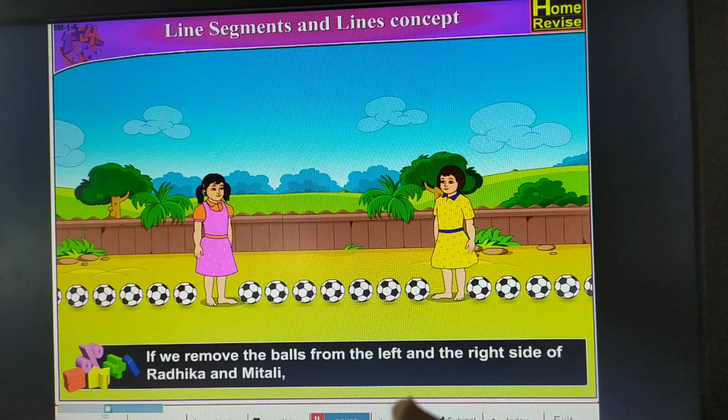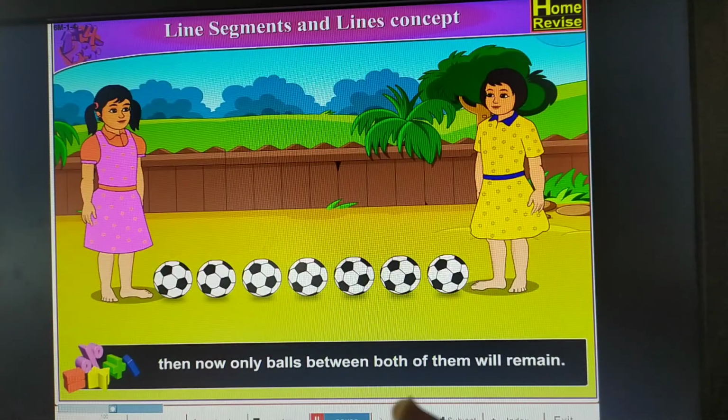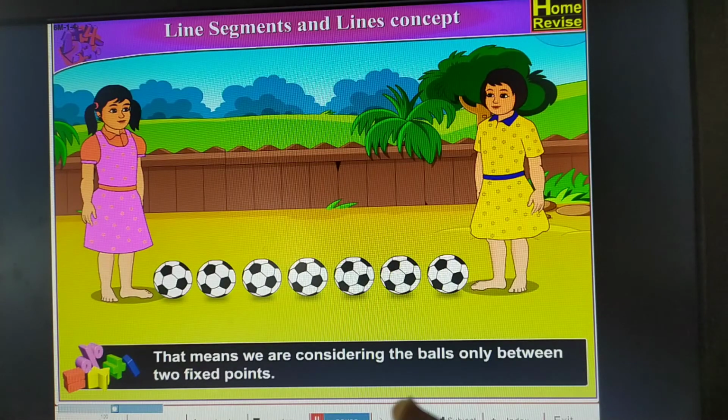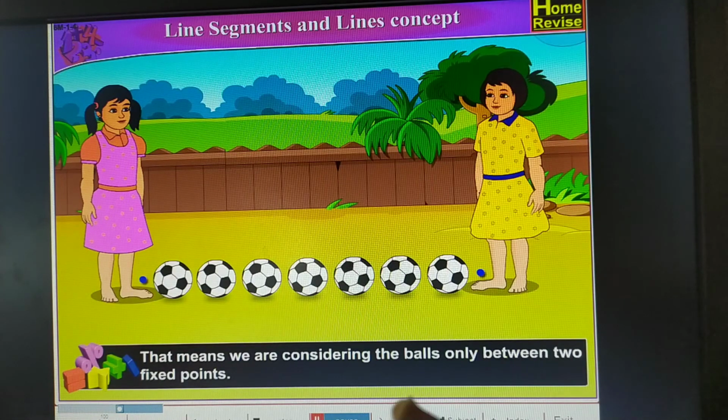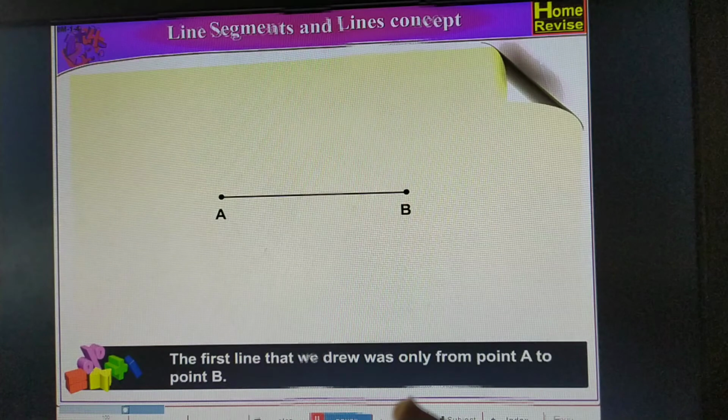If we remove the balls from the left and right side of Radhika and Mitali, then now only the balls between both of them we will consider. That means we are considering the balls only between the two fixed points. And that is the line segment.